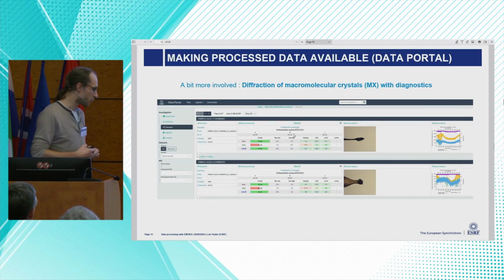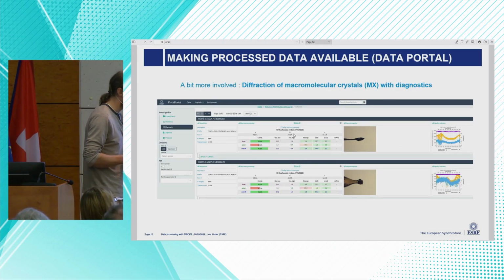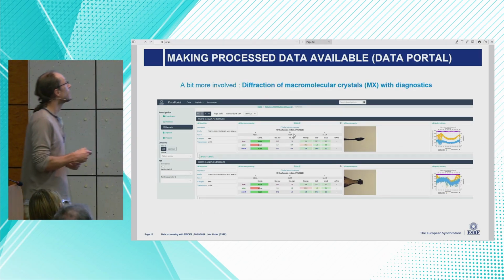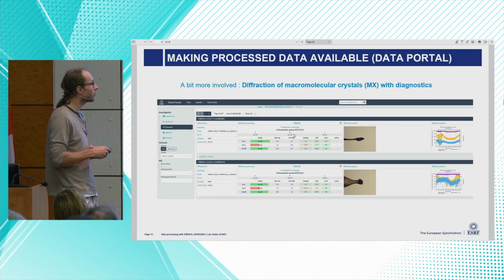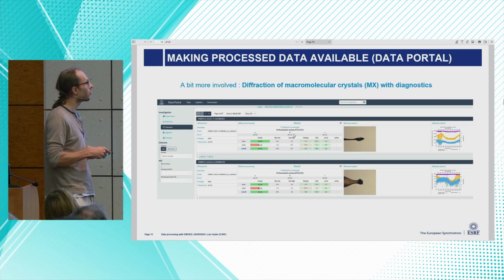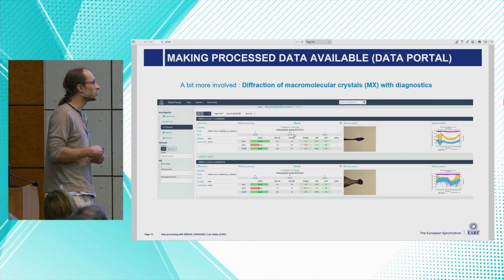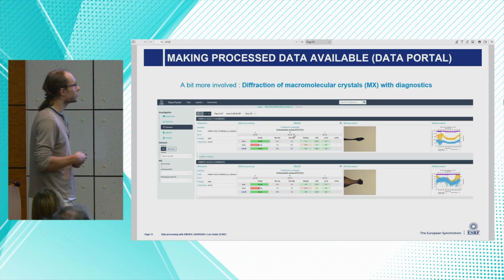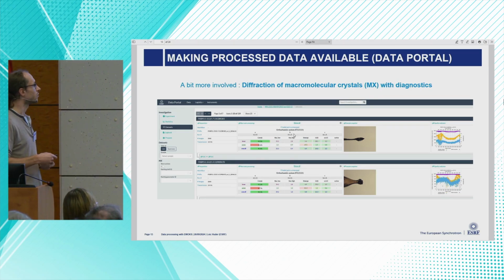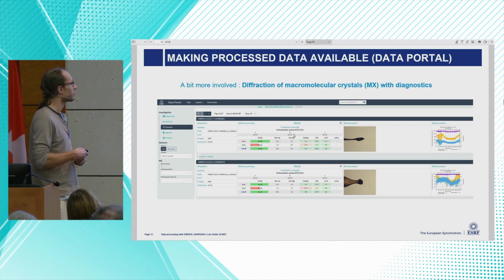We can go much further, again referring to Marjolaine's presentation this morning, where she showed that the results of workflows of MX beamlines can also be uploaded to the data portal, this time with a more involved display with diagnostics, so that people that are remote can make decisions based on this and really see if the sample is good or not.